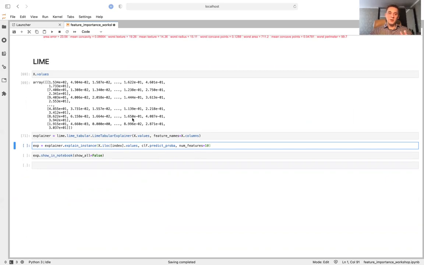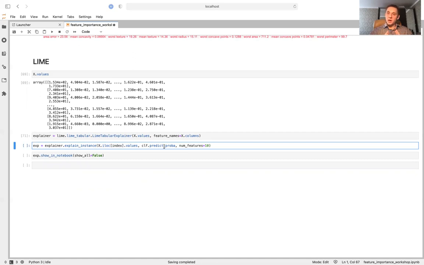Now we would like to understand how LIME thinks our features voted for index 19. So into our LIME feature importance function, we pass X.iloc[index].values. As you can see, we still pass a numpy array. We also pass the probability function.